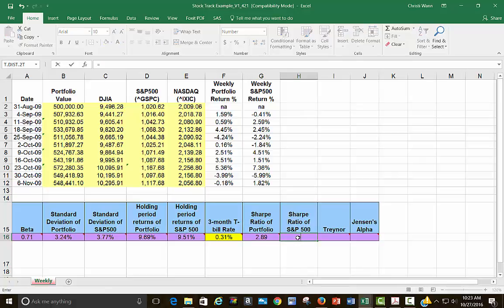This one would equal pretty much the similar thing, the return for the S&P 500, so the holding period return minus the risk-free rate, and then divided by the standard deviation of the S&P 500. So the Sharpe ratio, the higher the better. So you can see I did 2.89 versus 2.44, so I did better than the S&P 500.